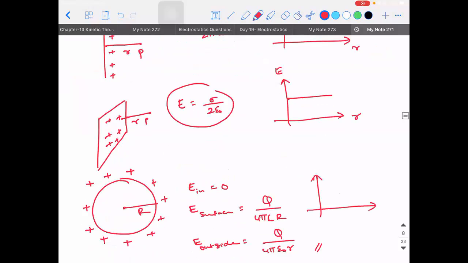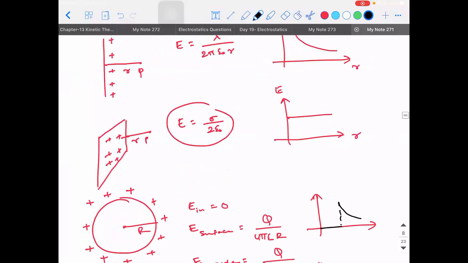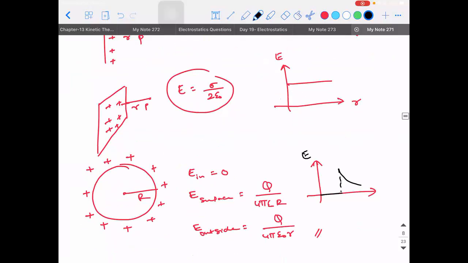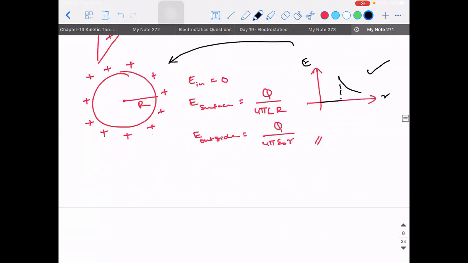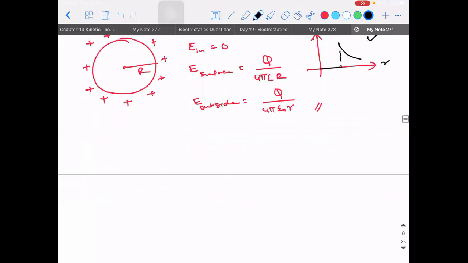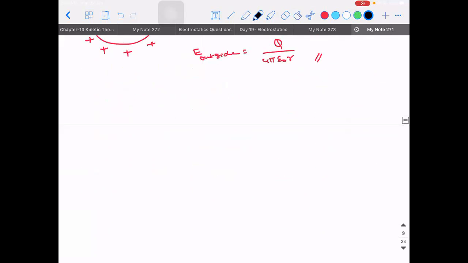Here it is going to be 0, maximum, and then decrease. Sometimes they will give you the graph and ask which particular object it is related to. You can directly say it is a spherical shape. Might be it will happen in other competitive exams. Next. So this is all about Gauss law.